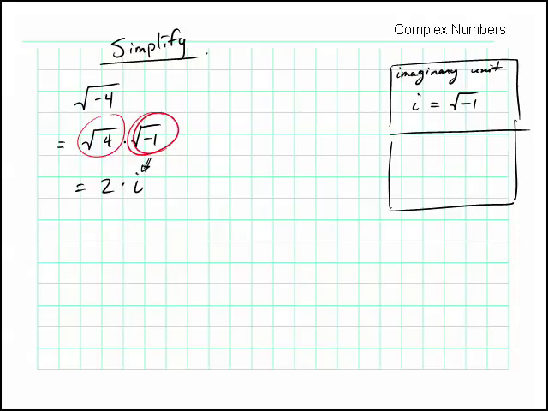If I square both sides of that, then I get i squared equals -1. And so notice how strange this number i is. I square it and I actually get a negative number as opposed to a positive number. So the square root of -4 we can now say is the imaginary number 2i.